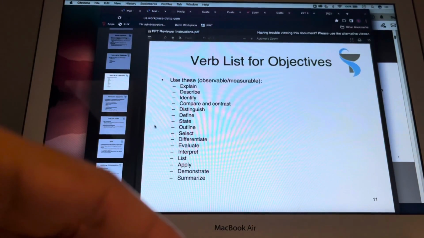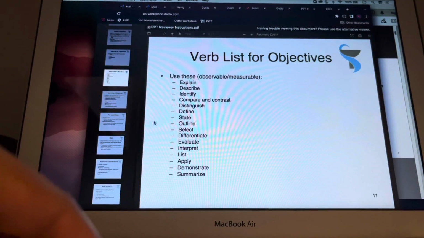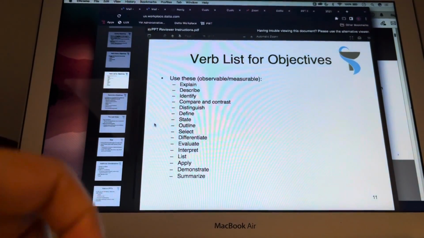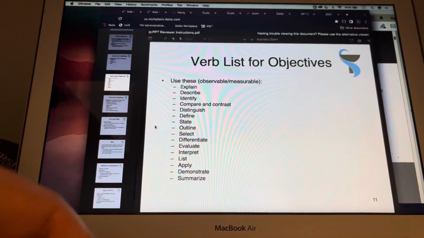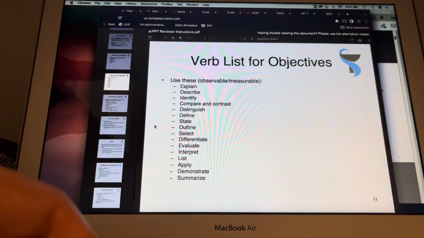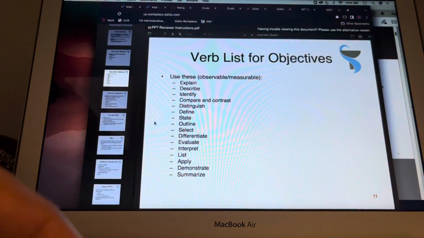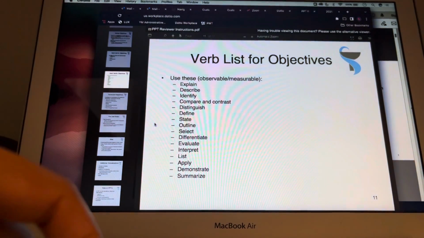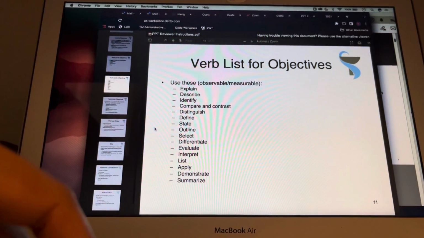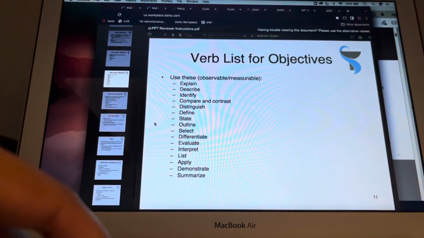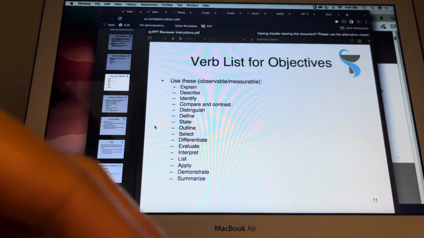So these ones that are acceptable for listing as objectives in a CPE are the following: explain, describe, identify, compare and contrast, distinguish, define, state, outline, select, differentiate, evaluate, interpret, list, apply, demonstrate, summarize.